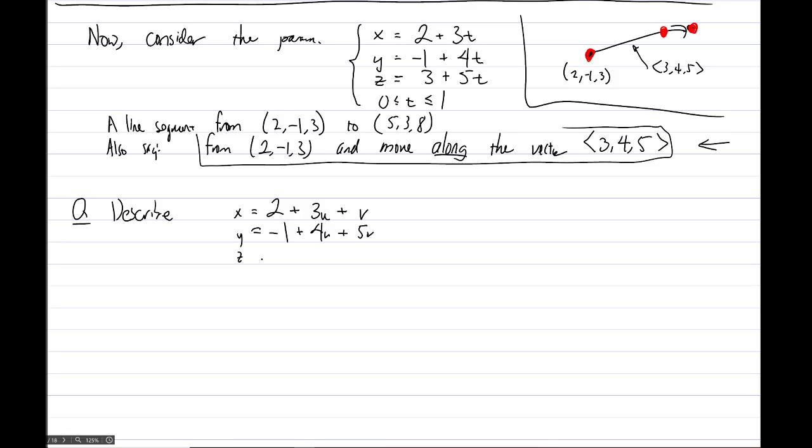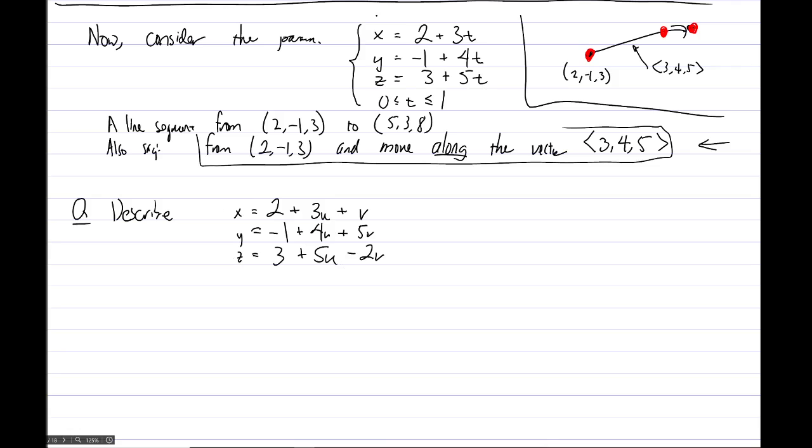And z is equal to 3 plus 5u minus 2v. I'd like you to, before we do anything else, just notice how similar this part is. That is the x equals, y equals, z equals parts where you have a constant plus a number in front of u, and look at how similar that is to what we had before. Just all the t's became u's, yeah?